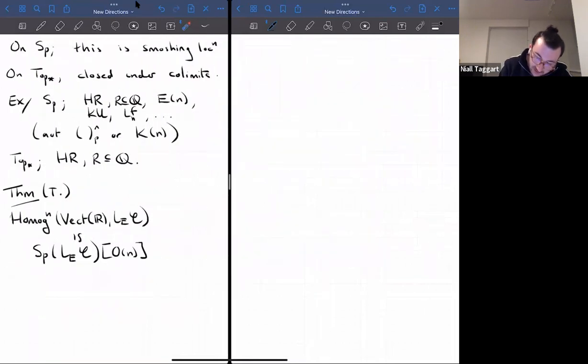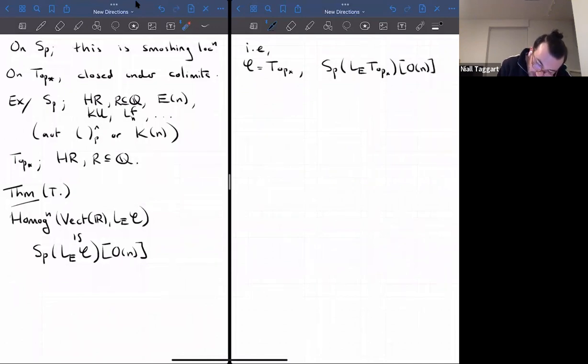So what does this mean? If C is spaces, we get spectra in E-local spaces with an O(n) action. So the stabilization of E-local spaces. If C is spectra, we just get E-local spectra with an O(n) action.